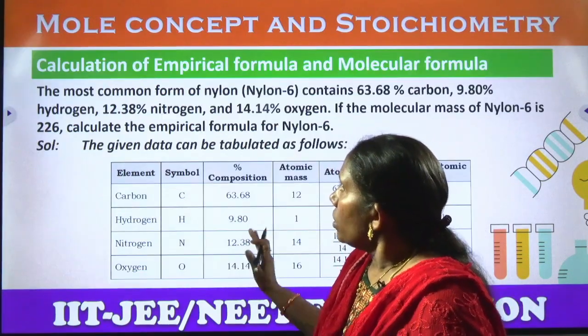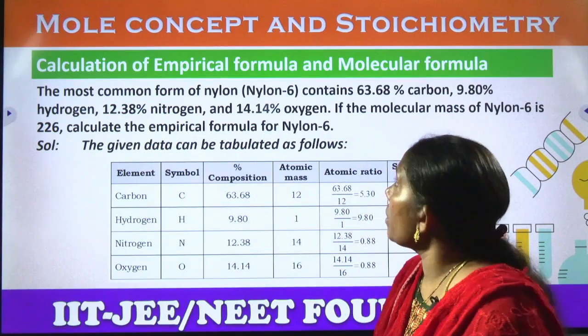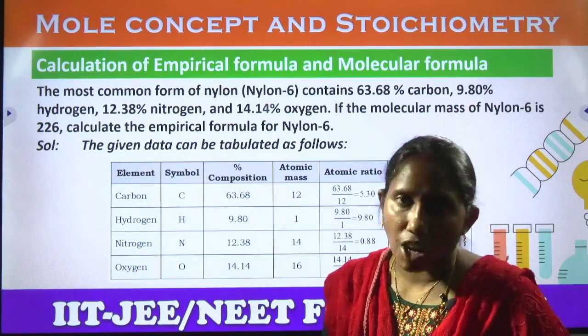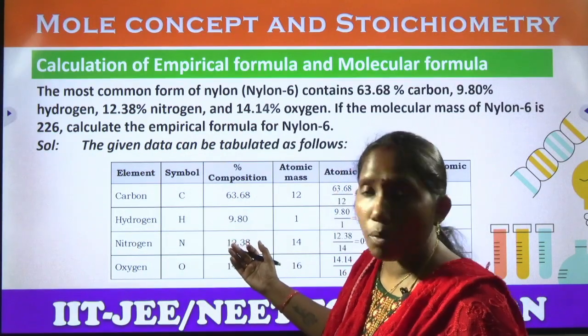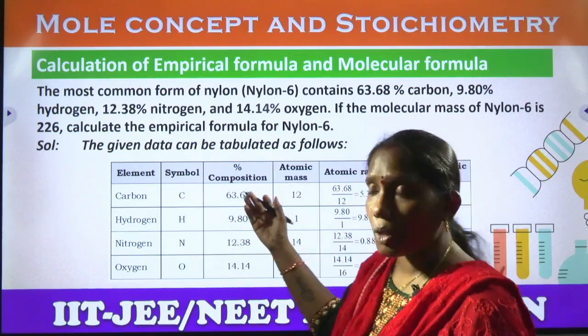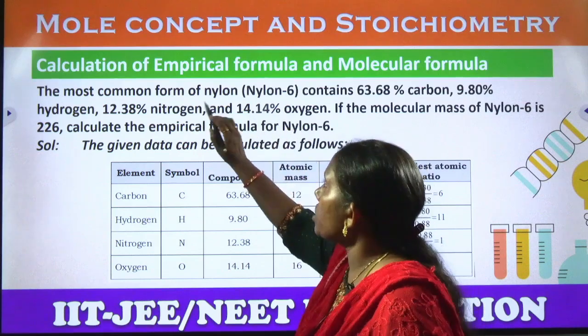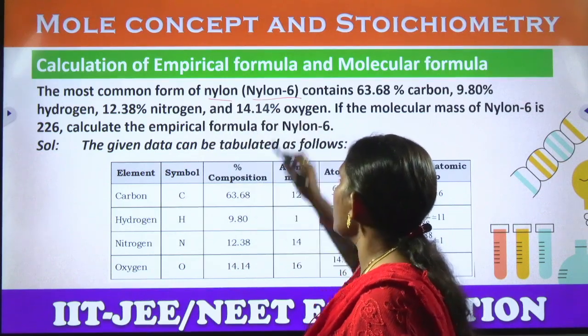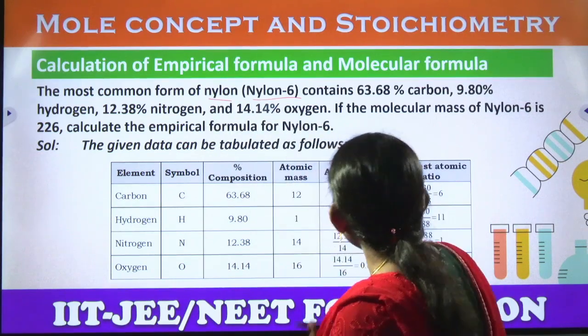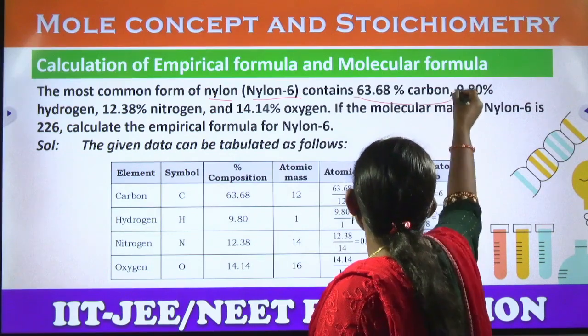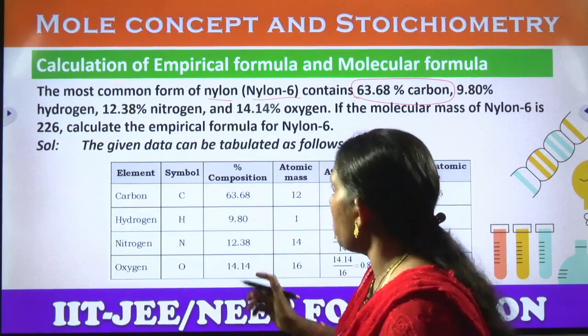So now come to the calculations of empirical formula and molecular formula. Here they have given one problem with some percentages. See, the most common form of nylon is nylon 6, right? That nylon 6 contains 63.68% carbon, 9.80% hydrogen, 12.38% nitrogen and 14.14% oxygen.